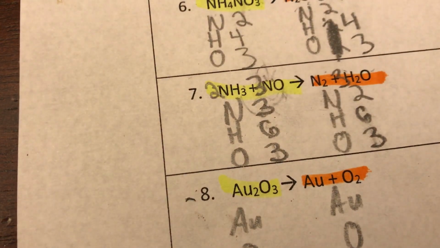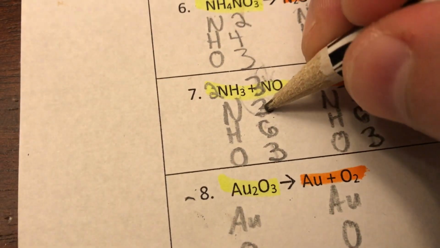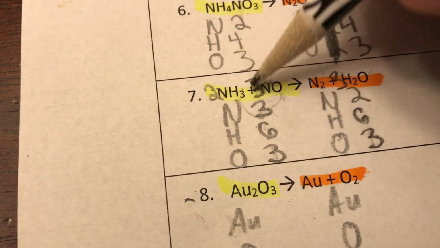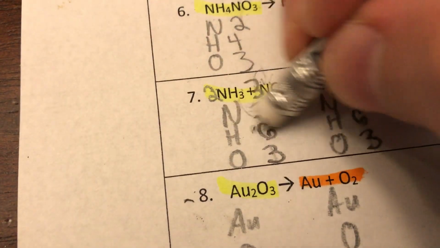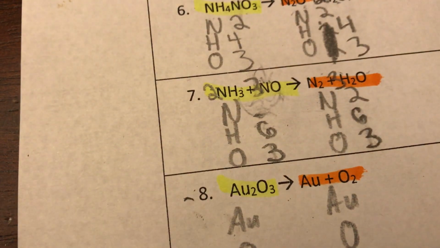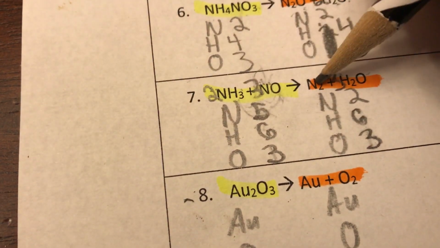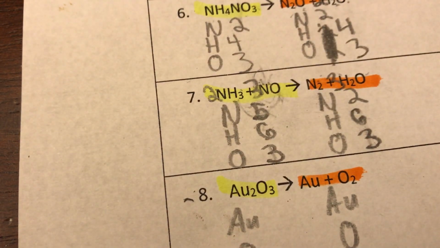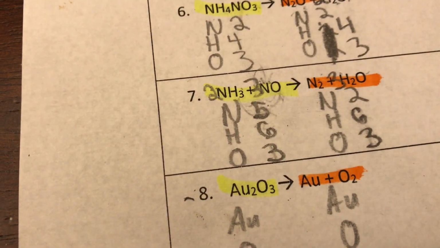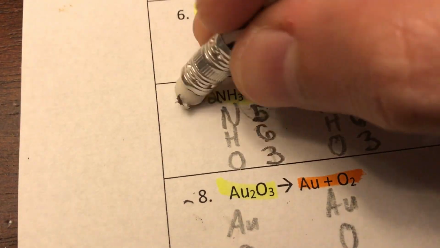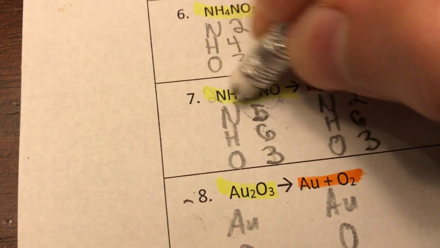Ooh, this thing is getting ugly quick. Now, the next step is I've got a 3 there. That's going to be a 5. But I can't balance N2 and 5N. So what do? I double everything. I'm going to double it all.